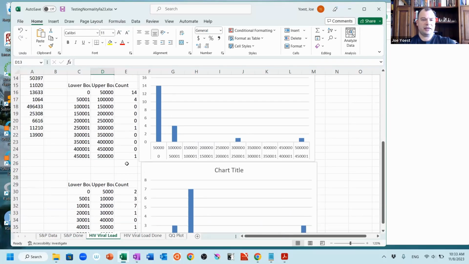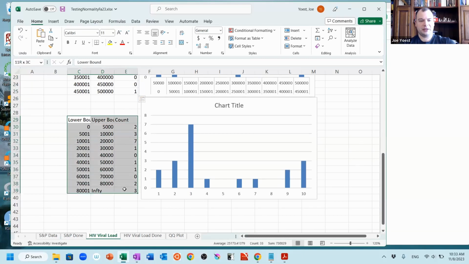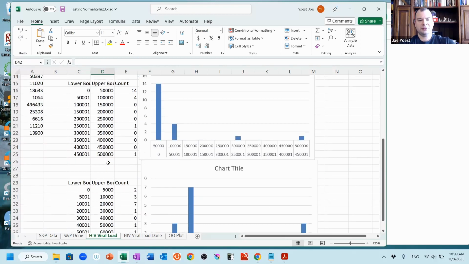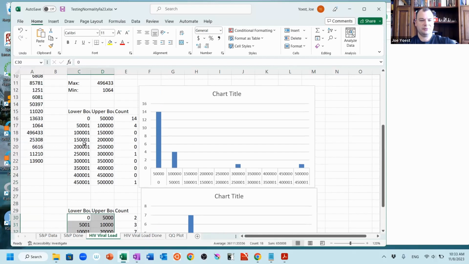And I note that if I change my bounds using the catch-all here at the end, it doesn't seem to get a whole lot better, right? So if I drill down, note my bounds here going from 0 to 80,000 versus 0 to 500,000.